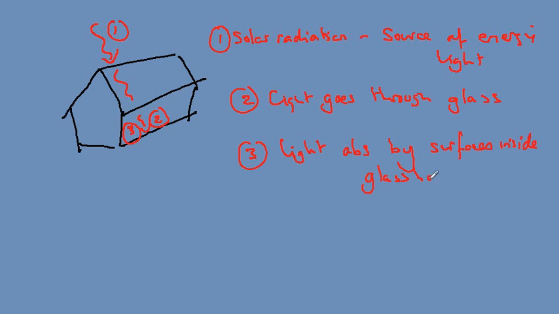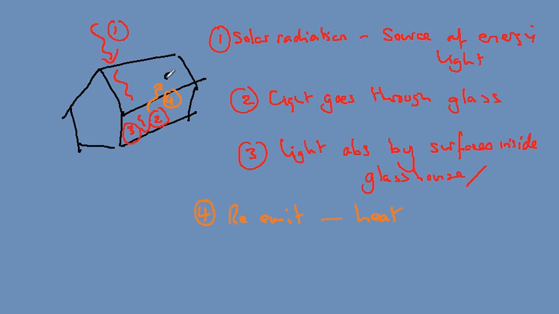This could be the soil, it could be wooden bench surfaces, whatever's in there, including the plants themselves. The fourth feature is that these surfaces will then re-emit this energy as heat.